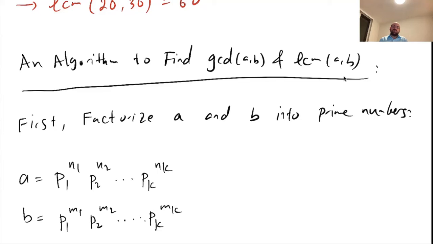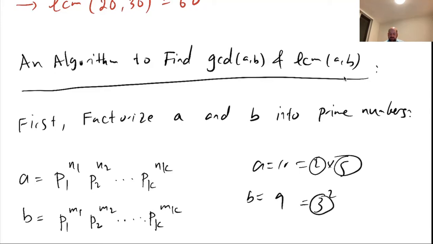Because of course it's possible that the prime numbers listed for A are different than those listed for B. For example, if A is 10, then this is 2 times 5, but if B is, for example, 9, then it's 3 to power 2. So this prime number is not the same as these prime numbers. The powers are 1 and 1, and this one 2, but the prime numbers could also be different.